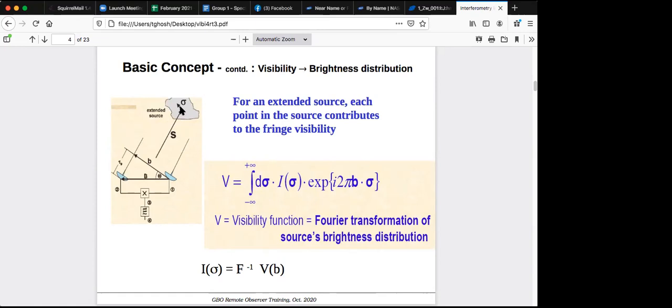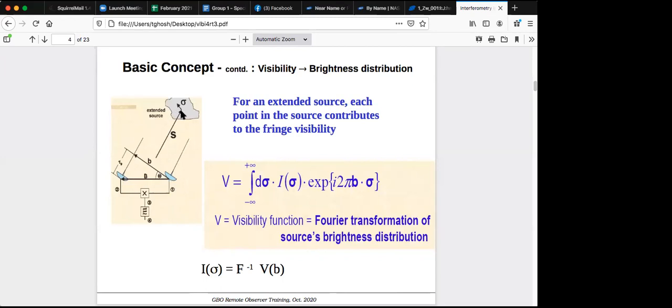Relative to that, it has a size, so let's define a vector sigma here. Each point on the source will make a set of fringes on the recorder plane where we are recording the data, and what we record will be the vector sum of all those fringes.